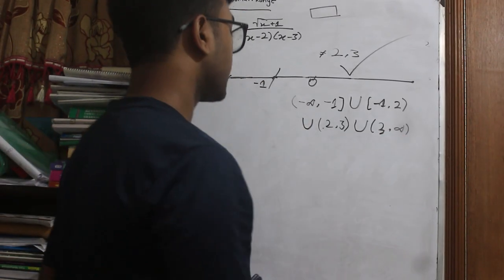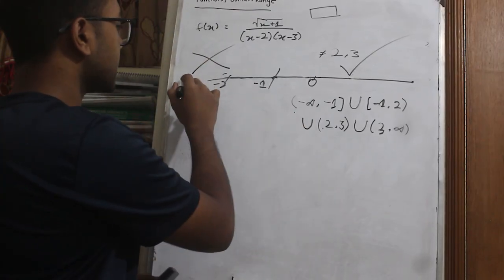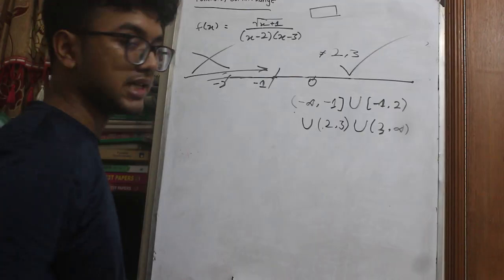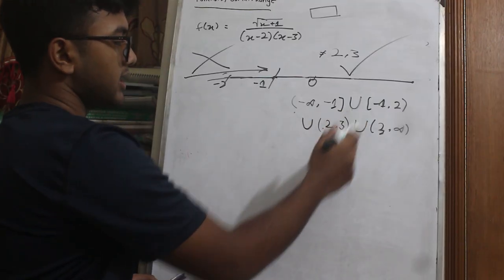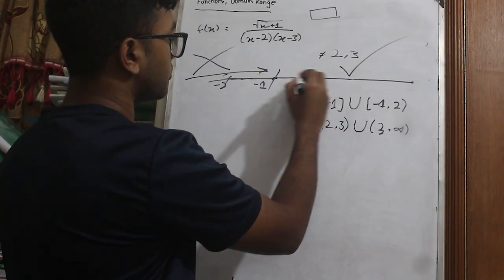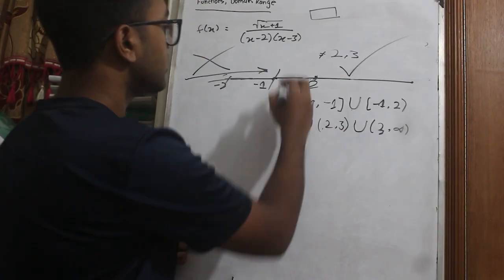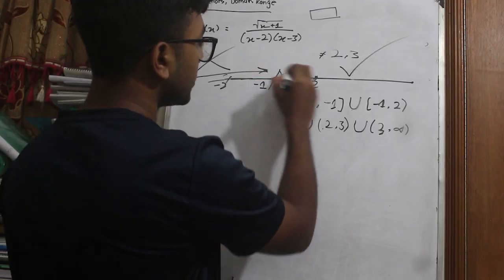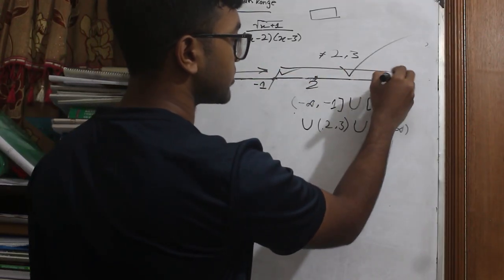Union 3 to, what does this one mean? This one just basically means that every number from minus infinity to minus 1 is correct. And then union minus 1 to 2 just means that every value from minus 1 to 2 except for 2 is correct, which we have because every number except for 2 and 3 is an acceptable number.